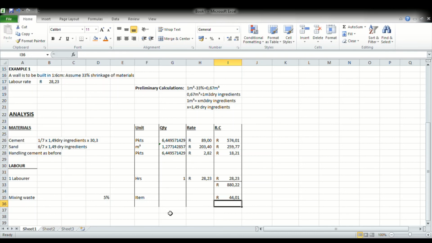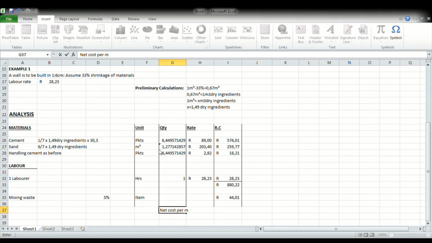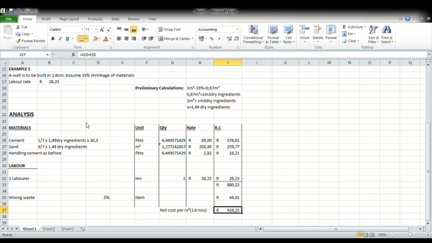And the net cost per cubic meter is that plus that, thus giving us 924.23.